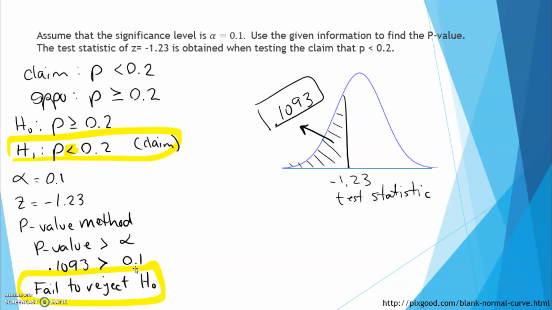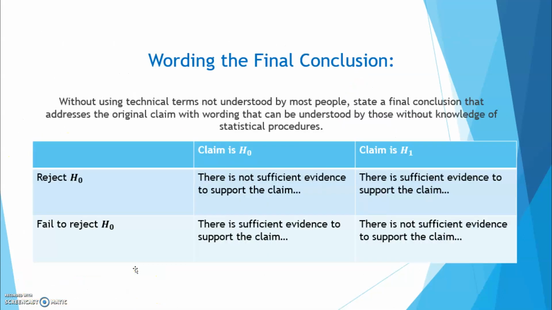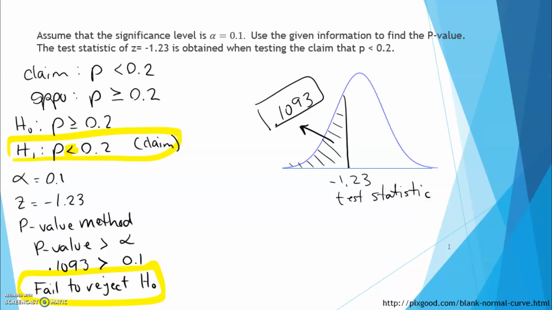Or you could come down here to this, and we said we are failing to reject H sub 0, and the claim is H sub 1. So that would be this right here. There is not sufficient evidence to support the claim. So we'll go back, and that's what we will write.